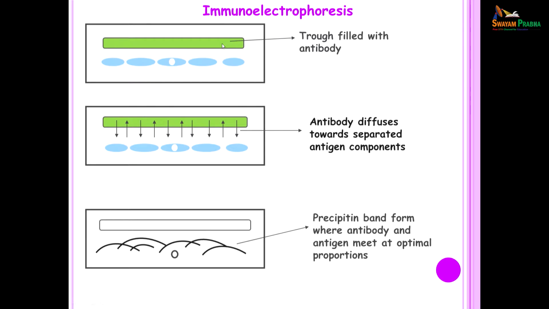The next day we put antibody in the trough and we allow it to diffuse in a moist chamber, and at the end of that you will get arcs of precipitate where antigen and antibody move in optimal concentrations.